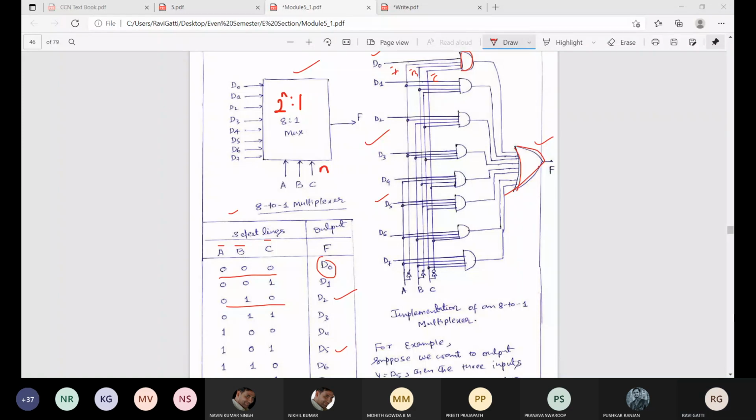Pranava, Swaroop, are you able to understand? Yes, sir. Please make a note of this diagram. Yes, Nivedita is here. Are you able to understand? Yes, sir. Okay. Please make a note of this. Quickly, we will move to the next one.